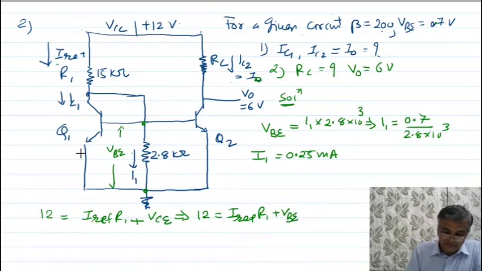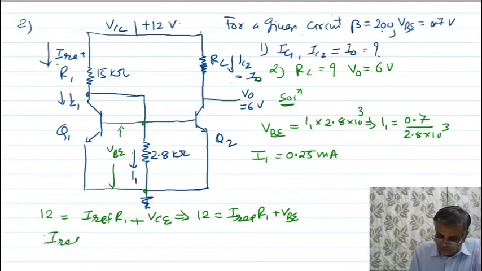Look here. VC is nothing but the VB. You can see from the circuit. VC is nothing but the VB, so I am writing like this. Let me write directly, it is easy for your understanding.